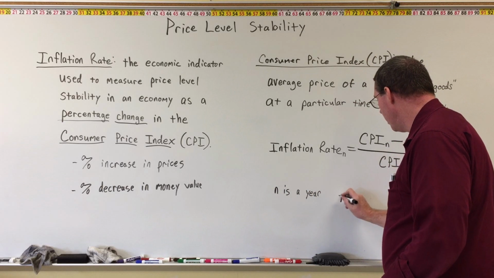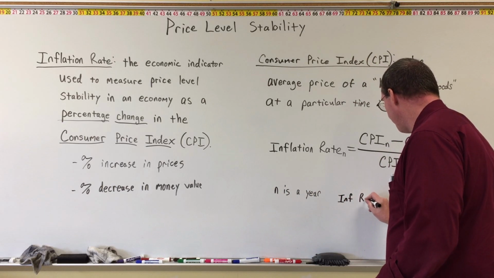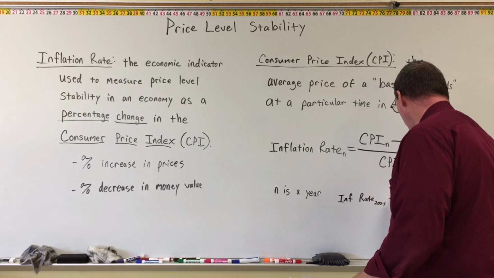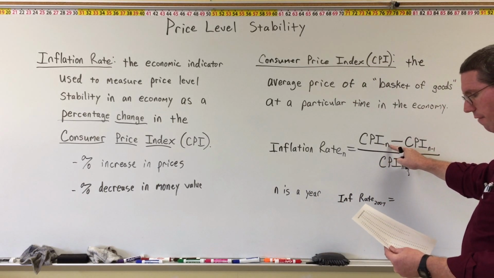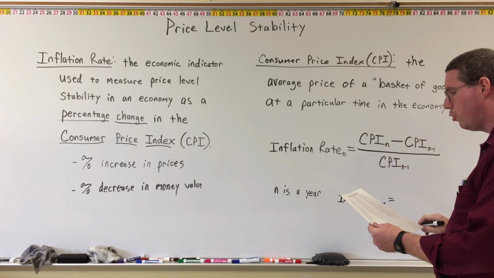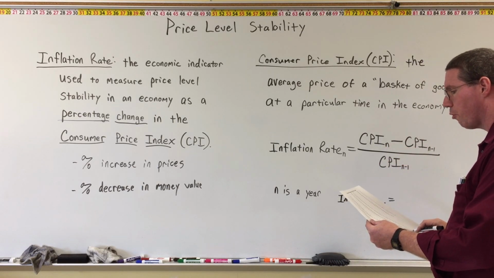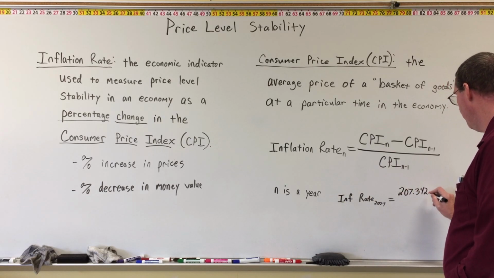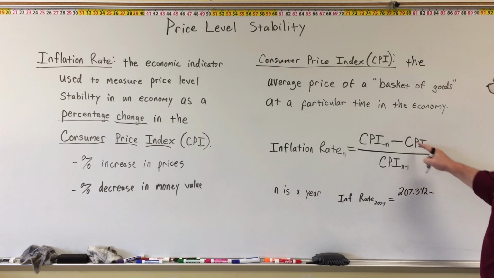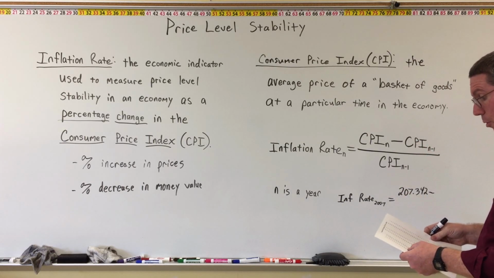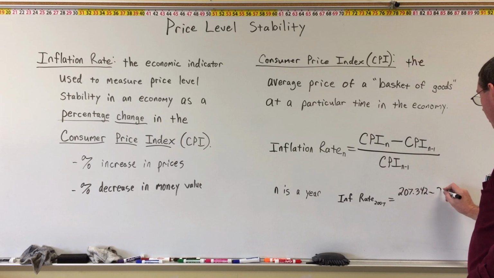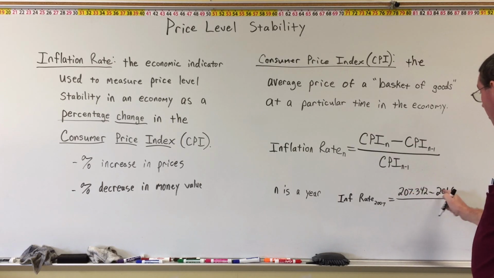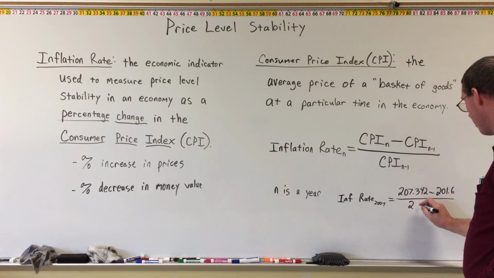So if we want the inflation rate for 2007, we're going to get the CPI from 2007, which is 207.342. Then we're going to subtract away the CPI from 2006, which was 201.6. And then we're going to divide by the old number, 201.6.